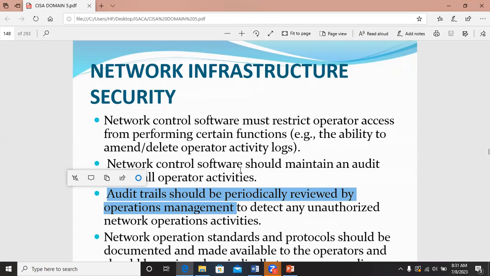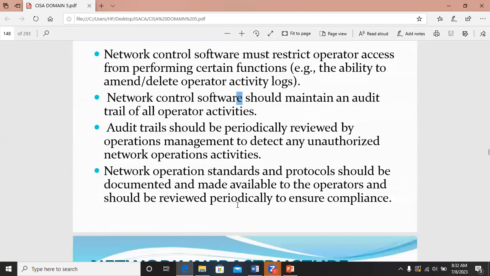So the audit trail should be periodically reviewed by operations management to detect unauthorized network operations activities. Network operation standards and protocols should be documented. So standard operating procedures, that's what that is talking about. It's also a requirement in ISO 27001.